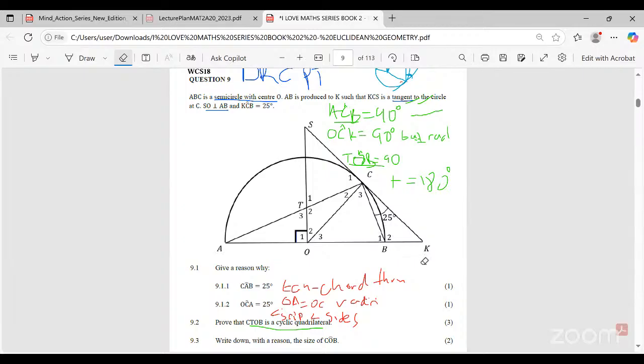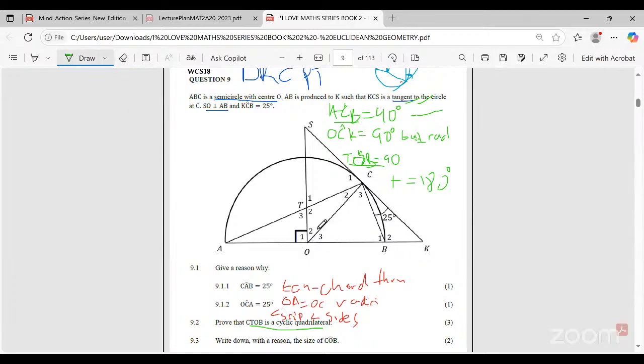B1? No, B O3, sir. I think it's O3. So this is what we are looking for, right? This one. Yes, sir. So you are saying it's 25. Oh, no, sir, hold on.